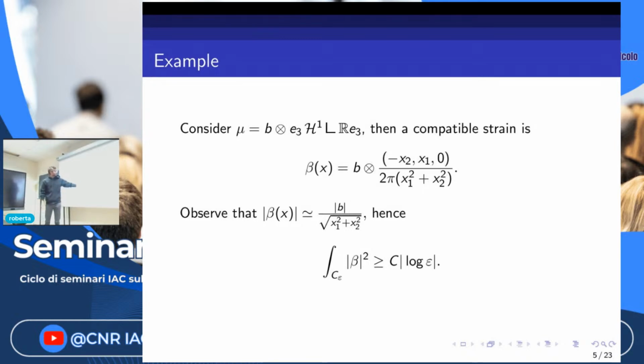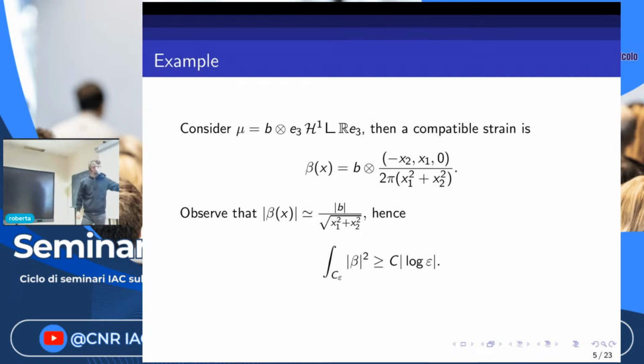Also observe that beta diverges as 1 over the distance to the dislocation line, and every such strain field beta, if mu is irregular enough, has to have this behavior. And from this, with a straightforward computation, we can see that they are not square integrable.